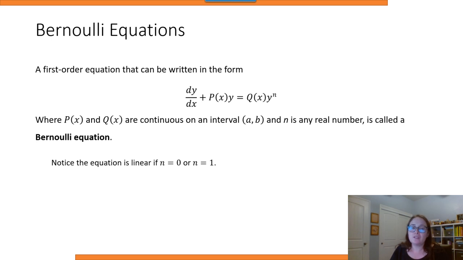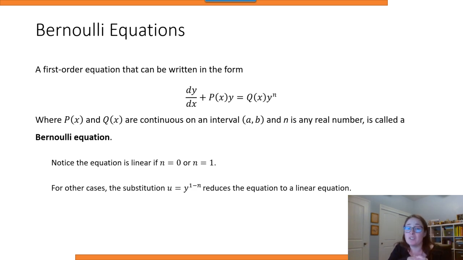So if the n, that power of y on the right is 0 or 1, it's a linear equation already. I don't need to worry about a substitution. If it's something other than 0 or 1, that's when I need to worry about doing some kind of substitution to get this into a linear form.